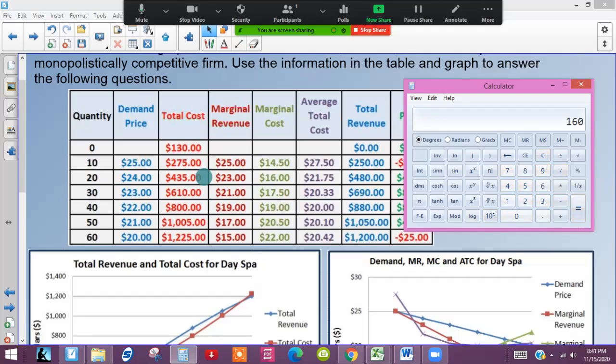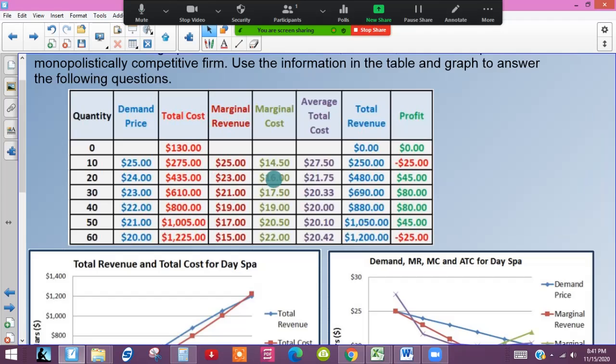And then divided by the change in the quantity, which is 10, because we want to know the marginal cost for 1 unit. So we divide that by 10 and we get a marginal cost here of 16. So that's how we figure out our marginal cost.